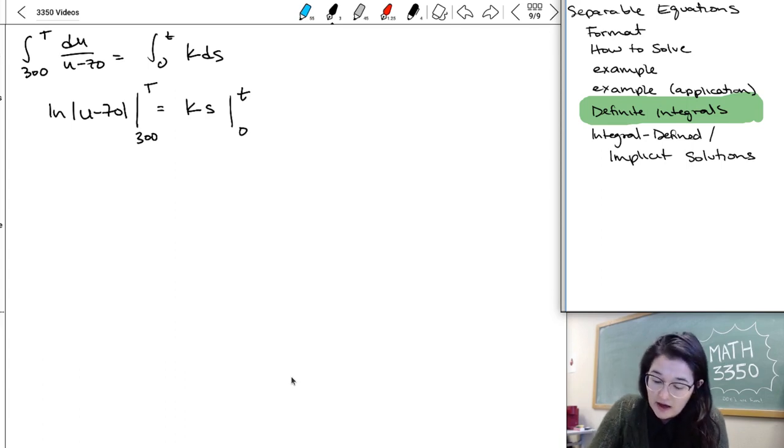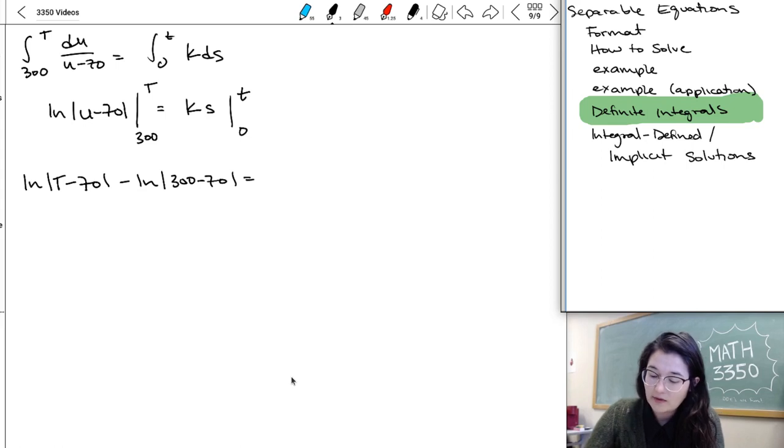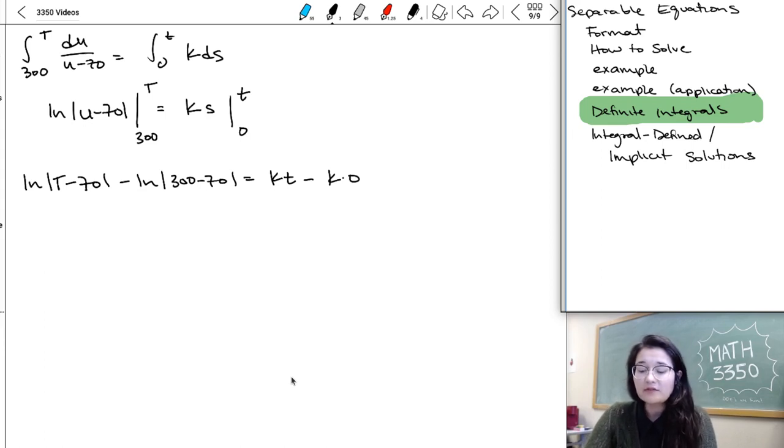And so it's going to become natural log of big T minus 70 minus natural log of 300 minus 70 is equal to k times t minus k times 0. Do make sure you're plugging in t into the correct thing, especially when we have parameters hanging around like this. It can be hard to remember where exactly t goes.